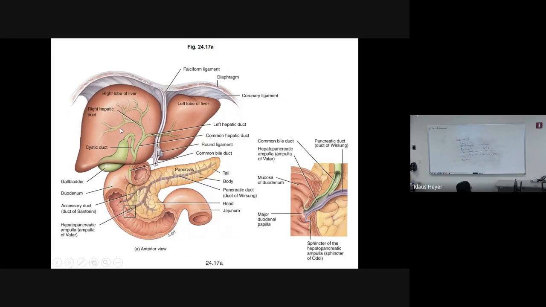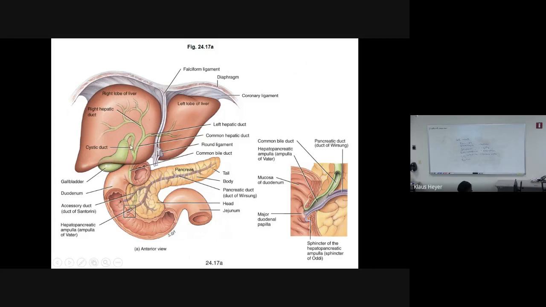And so here you see the liver, you see the gallbladder in green, and you see the pancreas. And what you'll notice is that if you follow the liver, you see these ducts running down. So we follow this one, and it's running into the small intestine. And then you see this gallbladder, same thing.